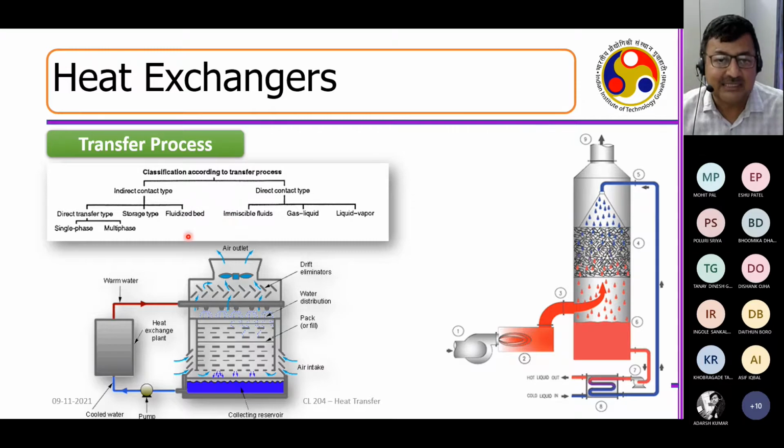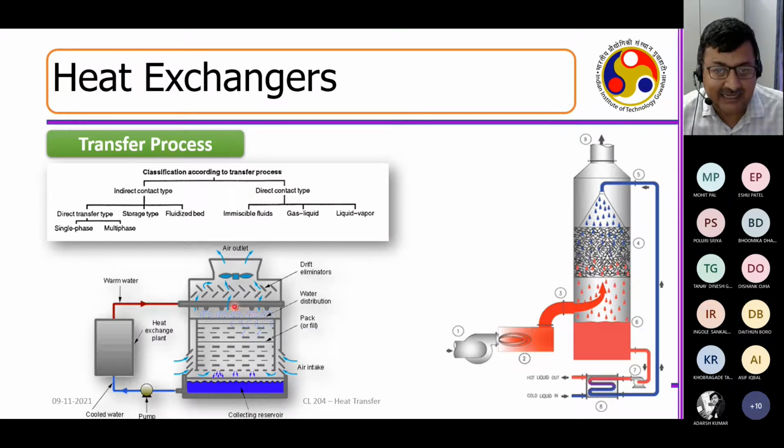Whereas this is an indirect contact type. How is it done? Suppose you have this water, right? With this water pool, I'm pumping it to a heat exchange plant, and I'm pumping the warm water here through a distributor. From the outside, I'm putting in air.